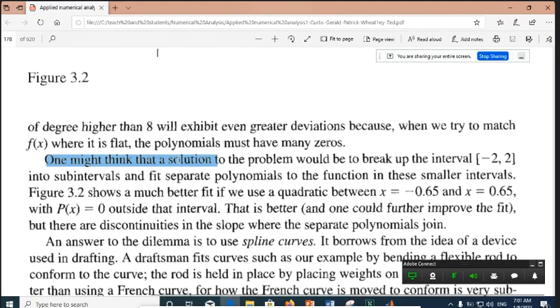One might think that the solution to the problem would be to break up the interval -2 to 2 into subintervals and fit separate polynomials to the function in these smaller intervals.